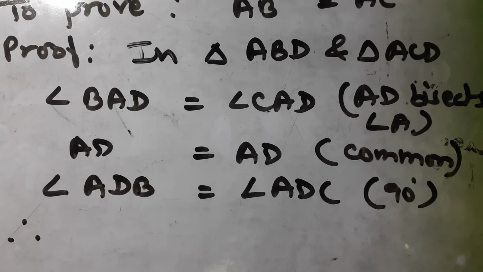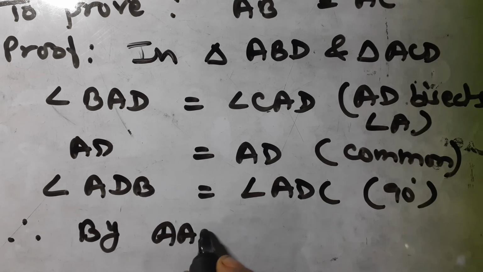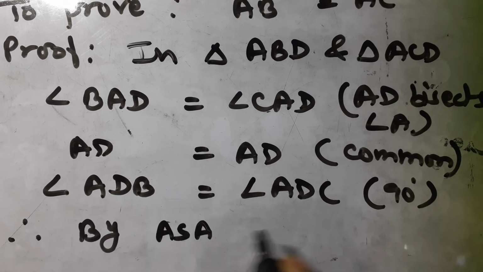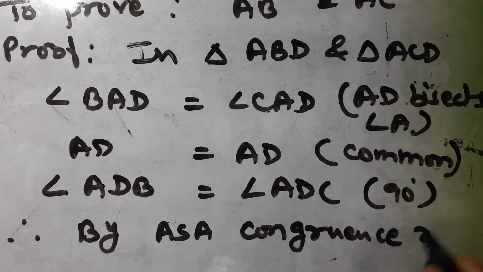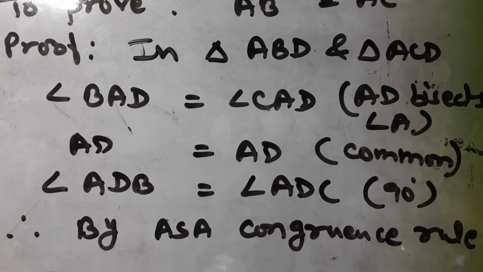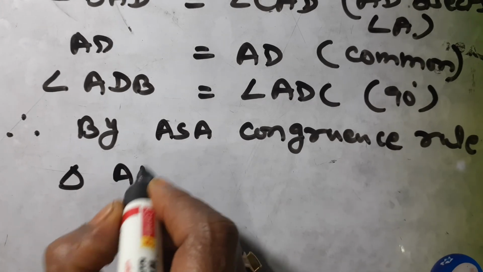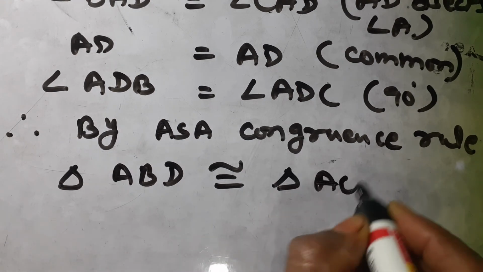Therefore by angle side angle congruence rule, triangle ABD is congruent to triangle ACD.